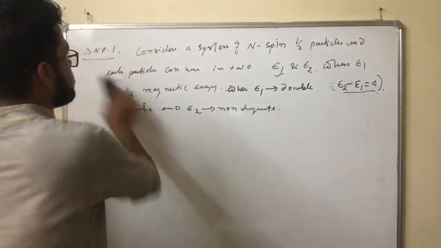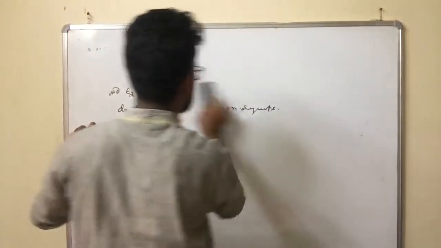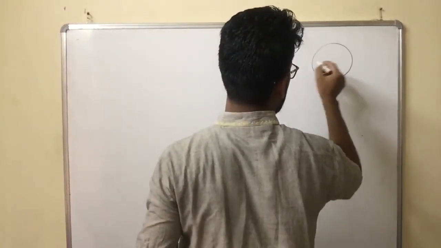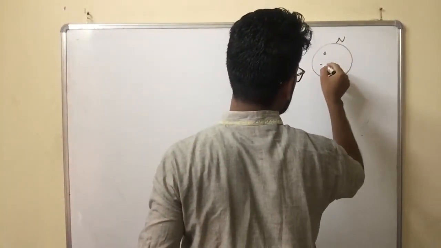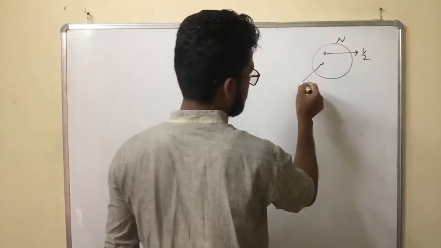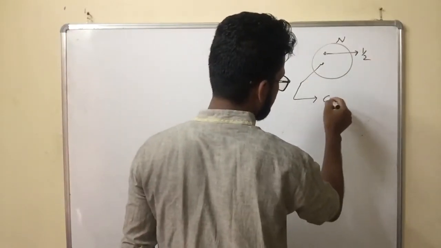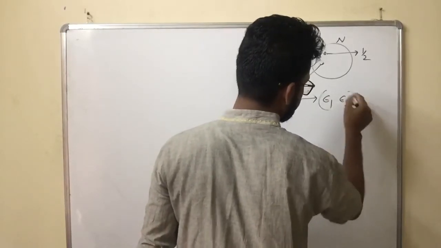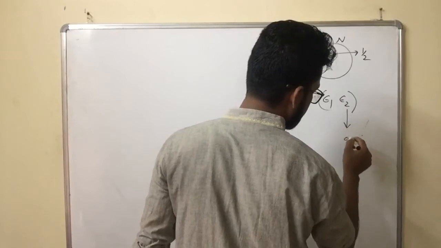So I will simplify the problem. Suppose an n-particle system. All particles are spin half, and each particle has two energy levels, E1 energy and E2 energy, and E2 energy is doubly degenerate.